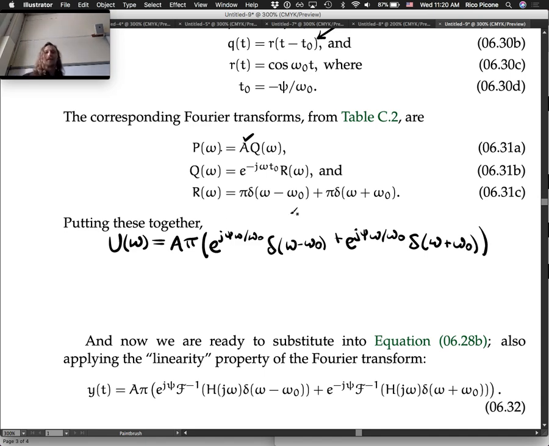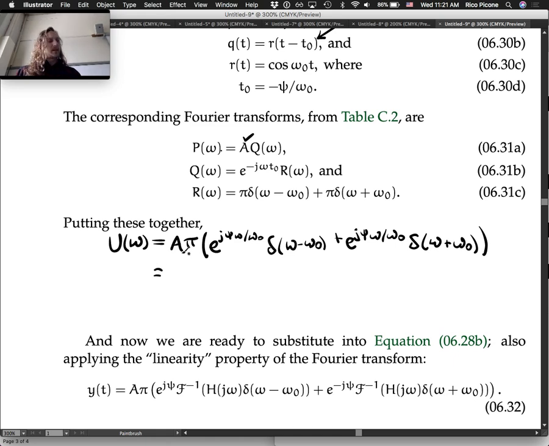So why did I distribute this? Because this term shows up both places, right? E to the j psi omega over omega naught shows up in both terms. It's because we're going to recognize this nice little identity here, which is delta is going to be 0 whenever its argument's not 0, right? So it's only important to know what happens when omega equals omega naught for this term, and when omega is equal to negative omega naught for this term.